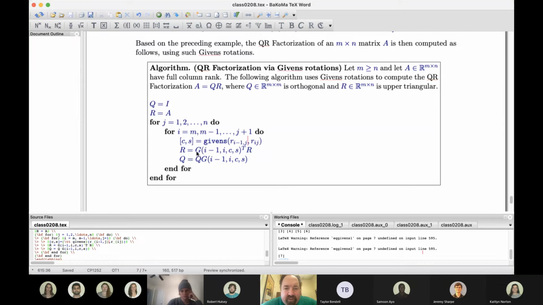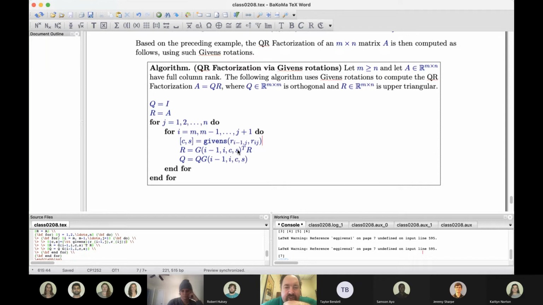Once I have that rotation, this matrix is the one I was showing you in the example that's mostly identity, and then we have this 2x2 rotation matrix. So multiplying on the left by the transpose will zero out this entry.